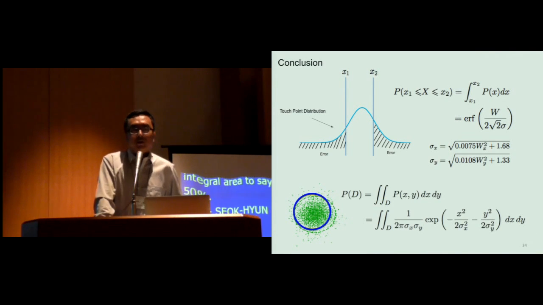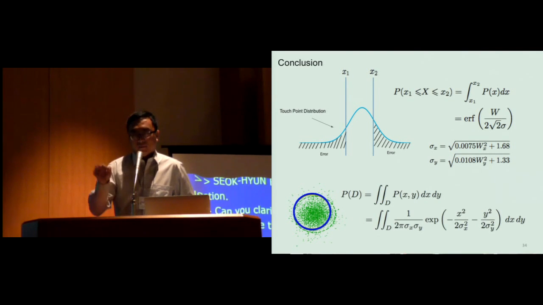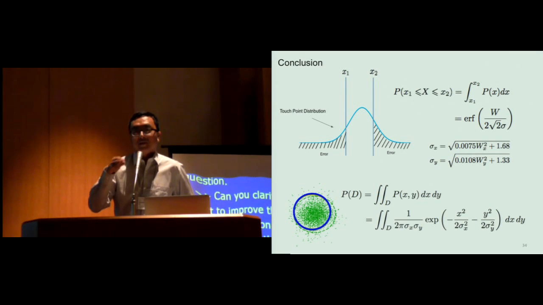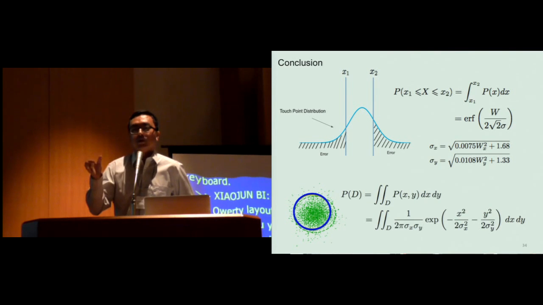Previously, with a QWERTY layout, given the location of a touch point, you estimate the probability of selecting a certain target, and you have an assumption of what the Gaussian will be. But if you use bigger keys, how will the Gaussian change? This model tells us how the standard deviation will change from a small key to a large key, and that helps you determine the probability of selecting a key.